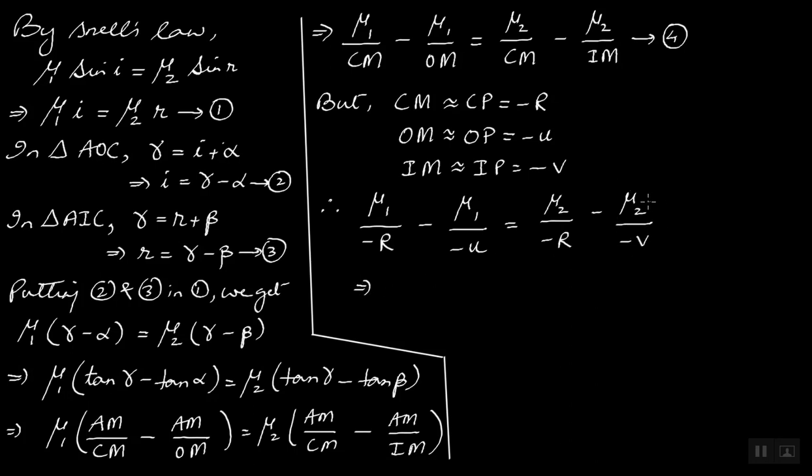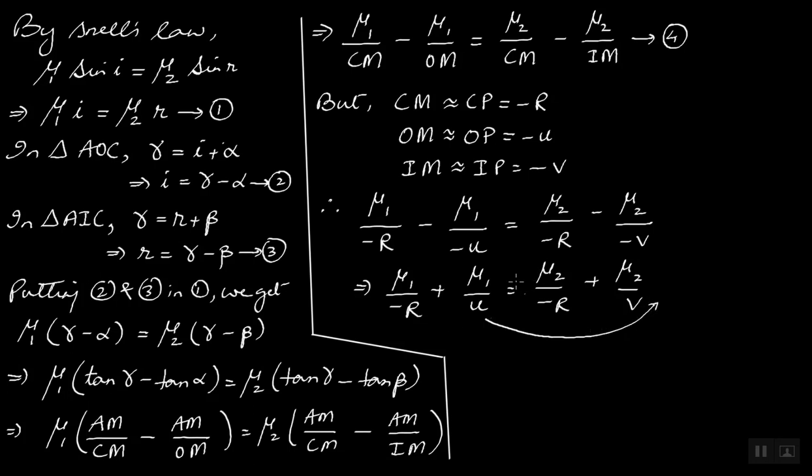Okay, let me write one more line out here. Mu1 by minus r, this will be plus mu1 by u is equal to mu2 by minus r plus mu2 by v.